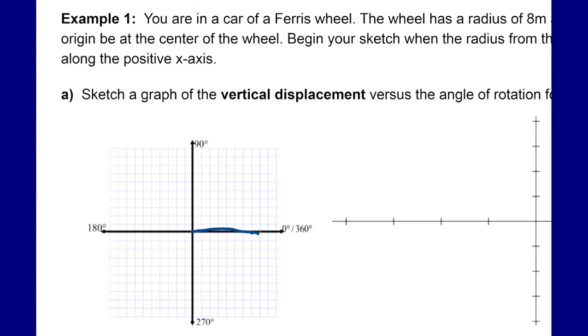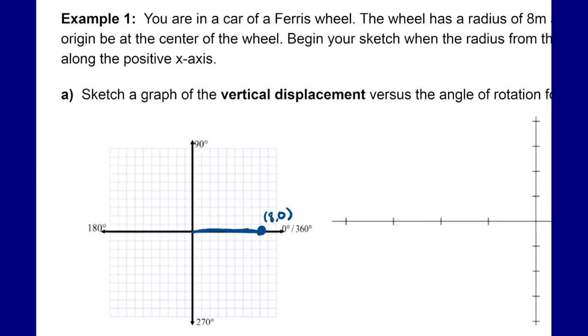Good. So this represents where my car is going to be located. If the Ferris wheel has a radius of 8, my car is going to start here. So this would be the point 8, 0.